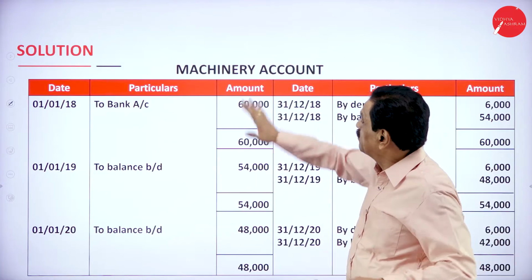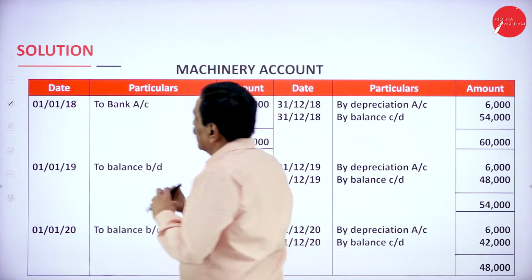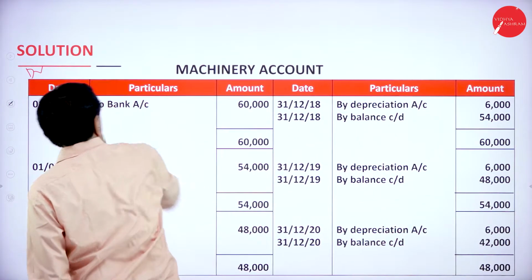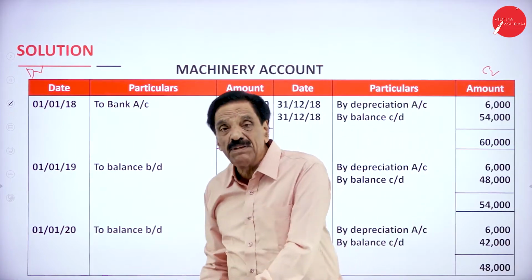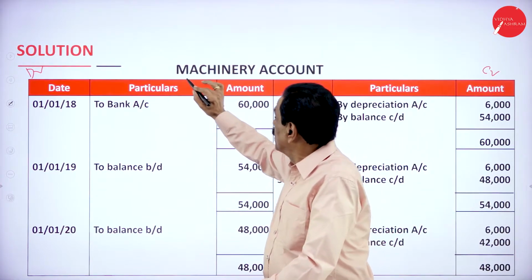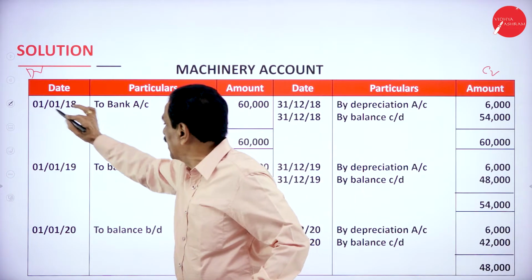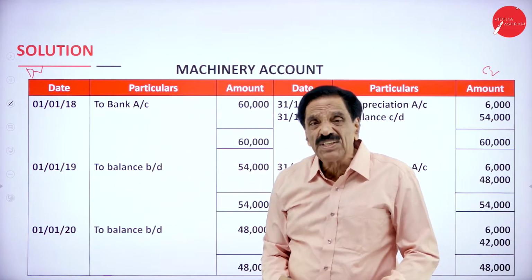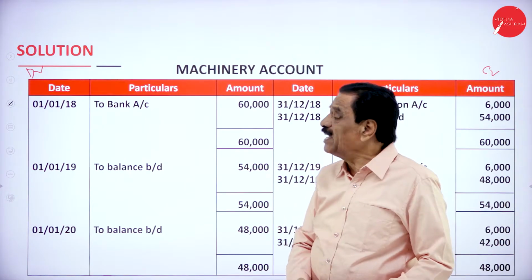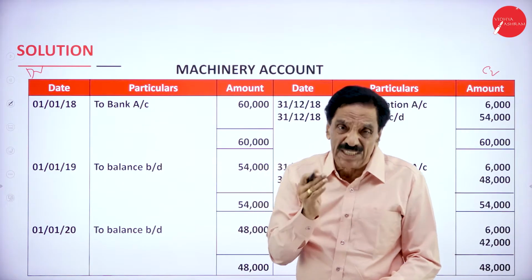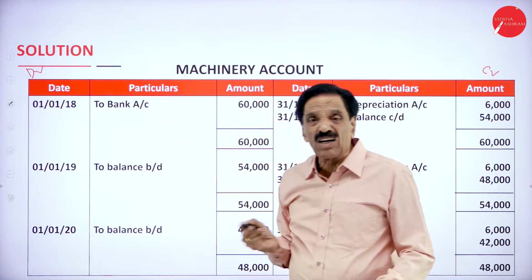I will show how we have prepared this. See, this is a machinery account. You put debit here and credit here. All accounts are followed with debit and credit. First entry: machinery account debit to bank account. On which day was it purchased? 1/1/2018. The entry is machinery account debit to bank account, or to cash account.